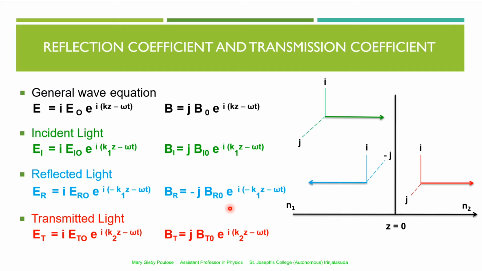Here the propagation vector is changed since light is entering into a medium of different refractive index n2. Thus we have the propagation vector k2. The direction of propagation is plus z itself, the positive direction of z. And the magnetic vector BT is equal to direction j into BT naught into e raised to i(k2z minus omega t).